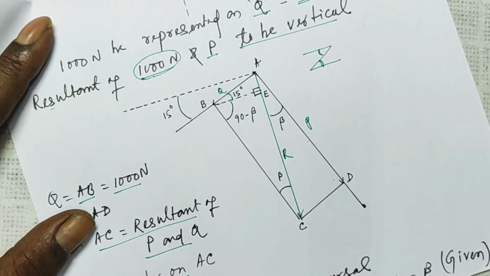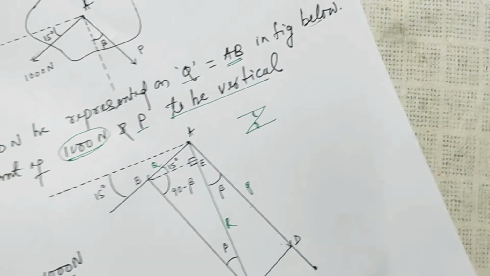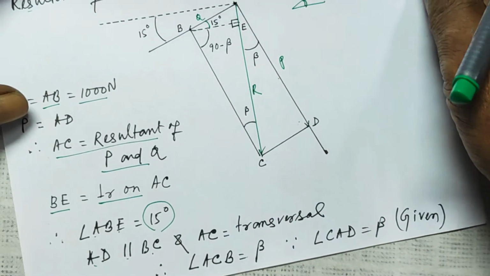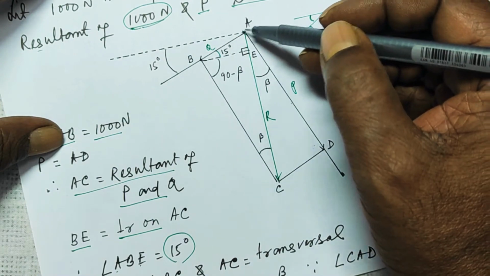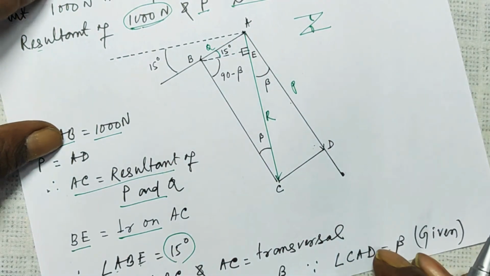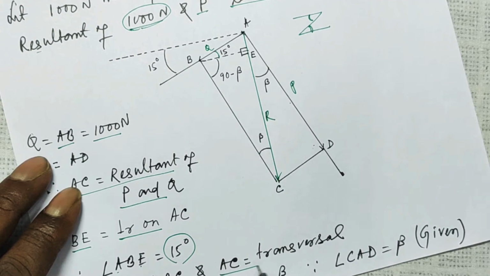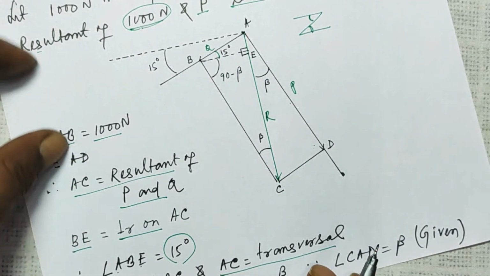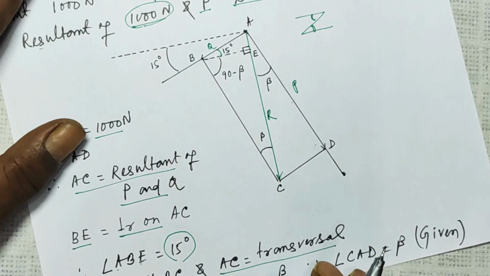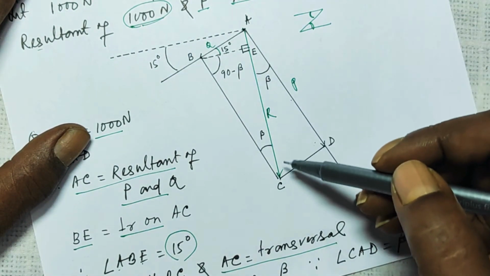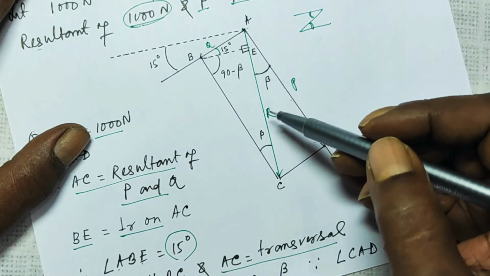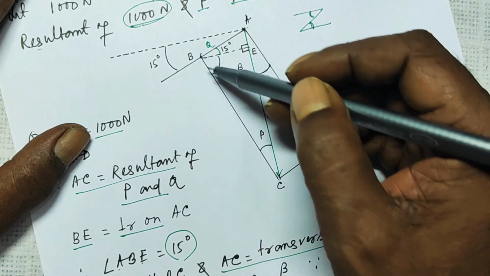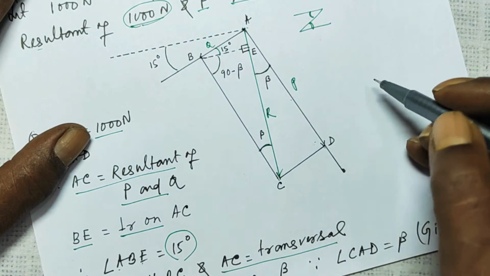Again, AD is parallel to BC, because ABCD is a parallelogram and AC is the transversal. Since it is given that angle CAD is equal to beta, therefore angle ACB is also beta.